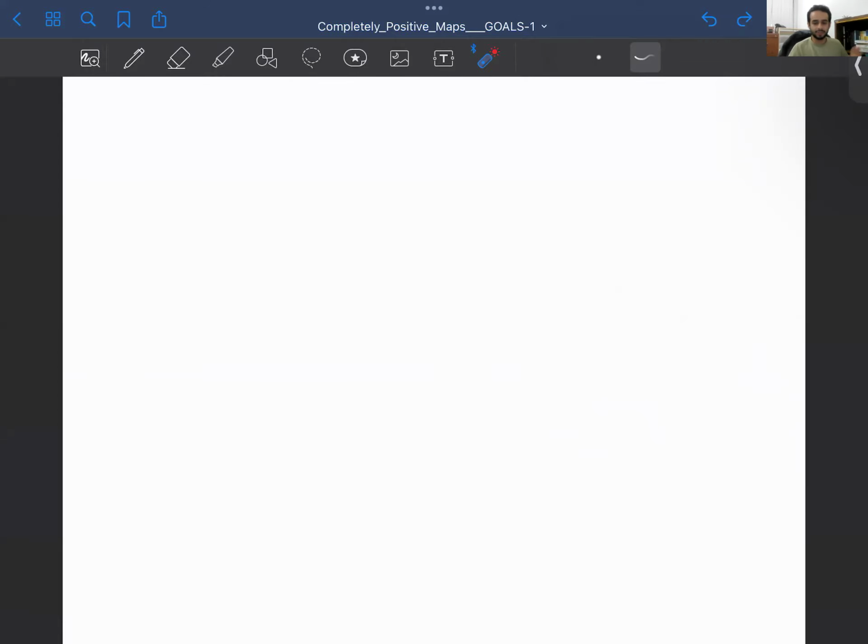In the GNS construction, we start with phi. Well, the proof of the Stinespring theorem resembles the GNS construction, and that is why I'm going to go faster than usual.